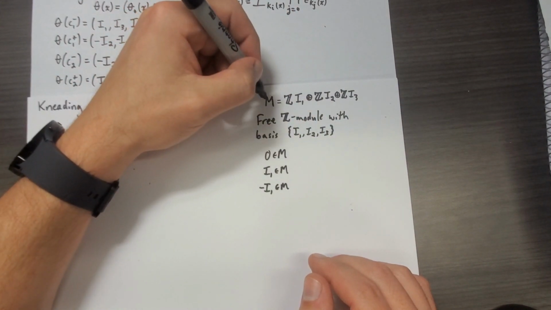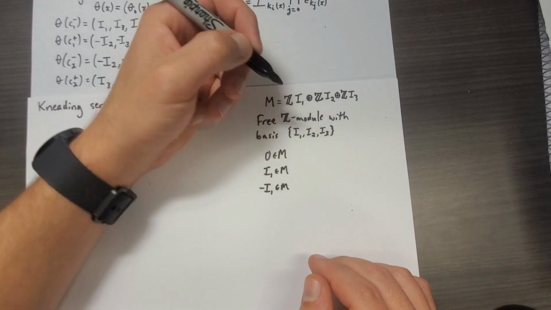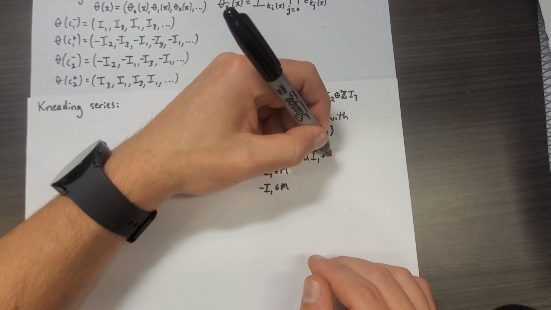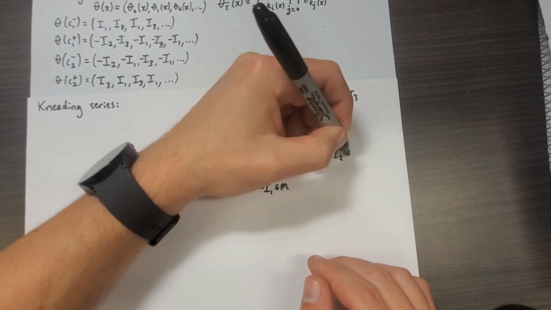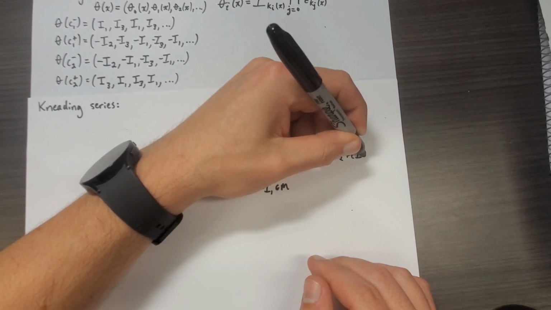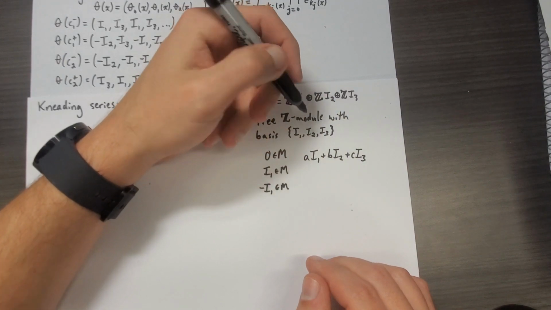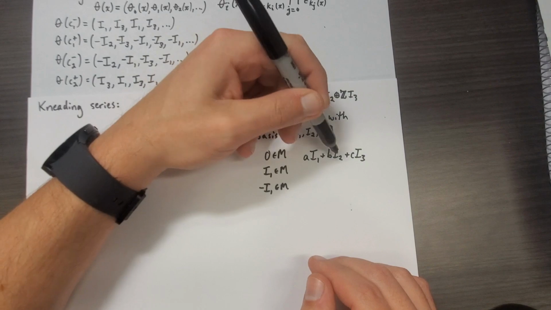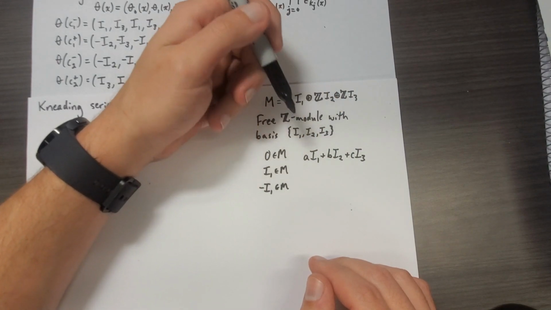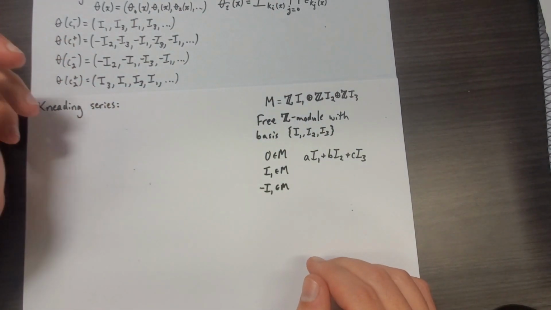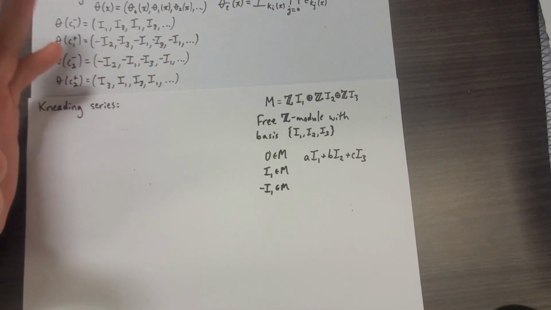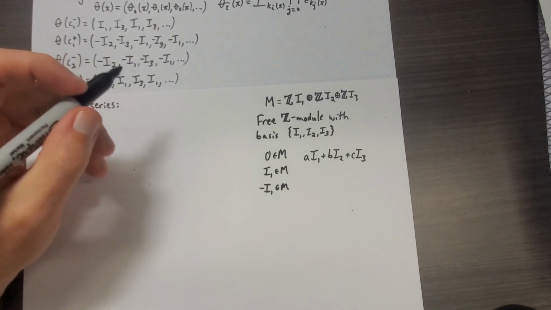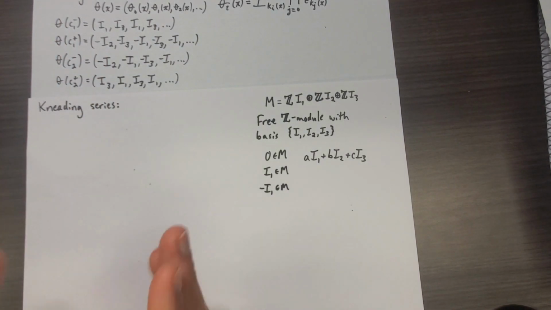So an arbitrary element of M looks like, let's say, A I1 plus B I2 plus C I3, where A, B, and C are integers. And this is only equal to some other linear combination if these coefficients are exactly the same for both linear combinations. So there's not some way to add some more of I2 and get some multiple of I1. They're independent.